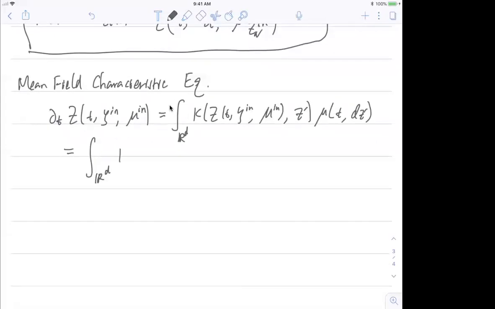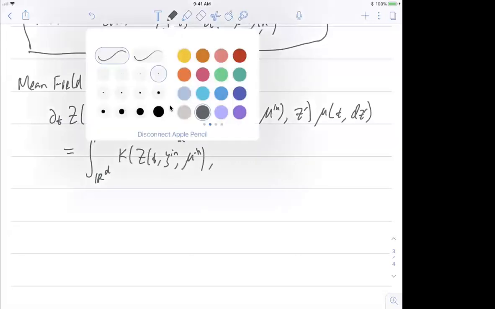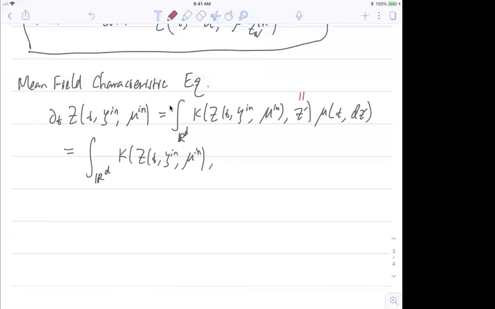We can rewrite this with a change of variables z prime using the map Z_t. So here mu_t is the push forward under the characteristic flow Z_t of mu initial.